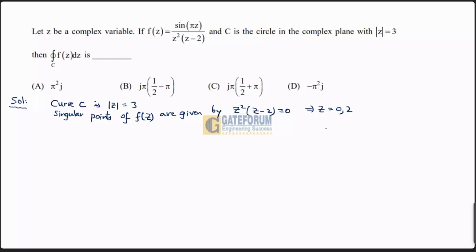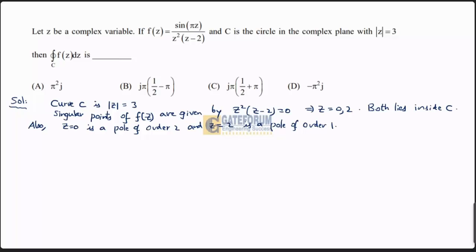So both lie inside C. Also z is equal to 0 is a pole of order 2 and z is equal to 2 is a pole of order 1. Therefore, find the residue at each pole.